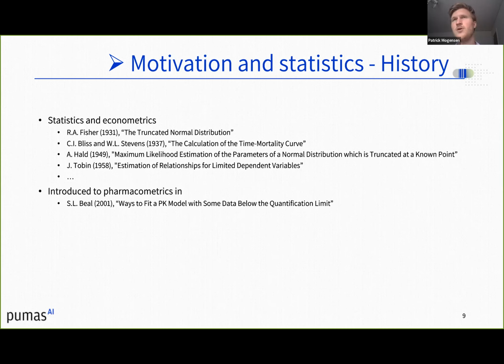This is the paper where the M1, 2, 3, 4, 5, 6, 7 terminology comes from. So for example, the censored data case that we talked about before is the M3 method. But in Pumas, as you will see, we like to call it by the statistical names. But this is where that comes from. You've probably seen it before, M3, M4, M2.